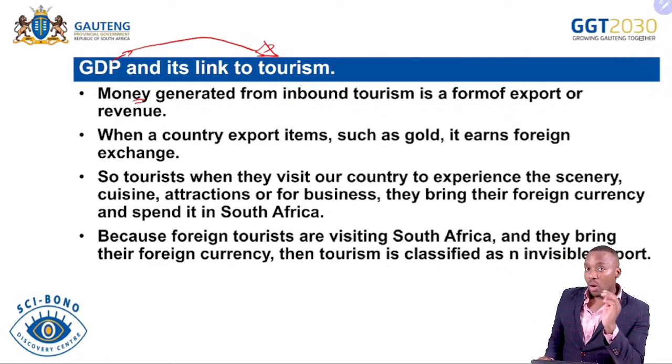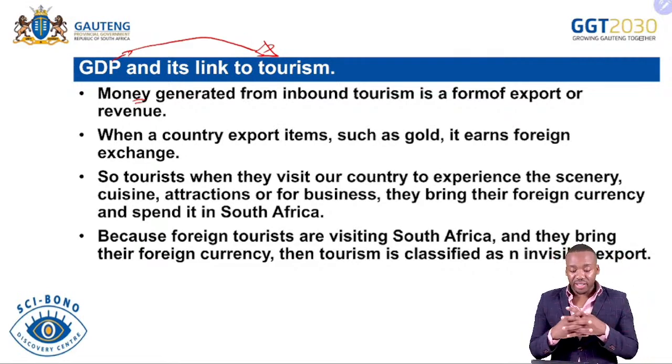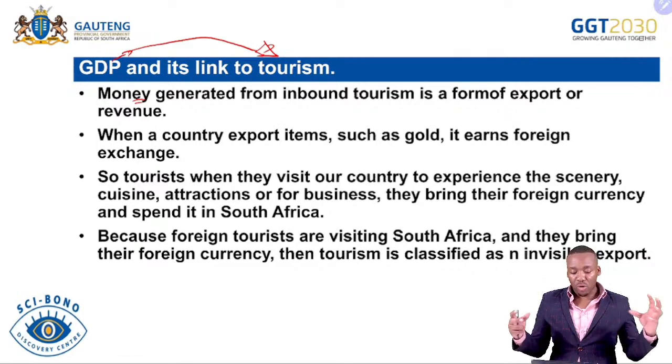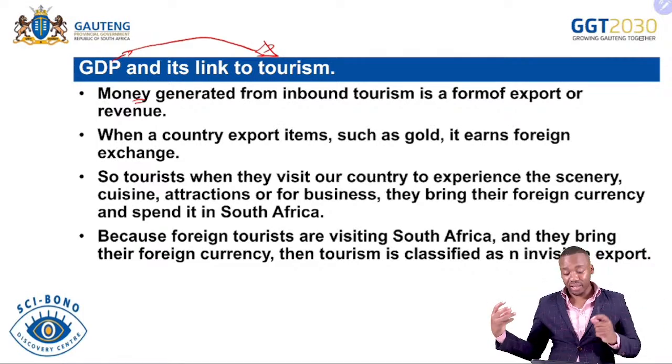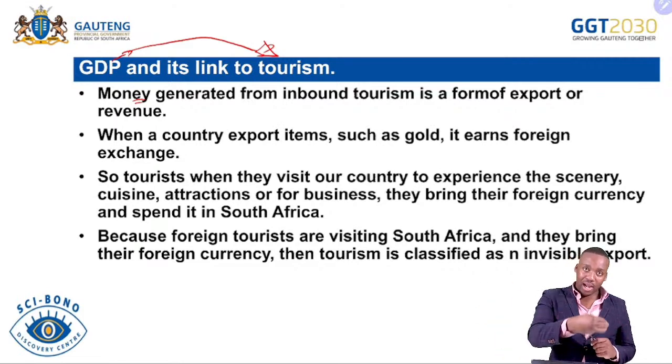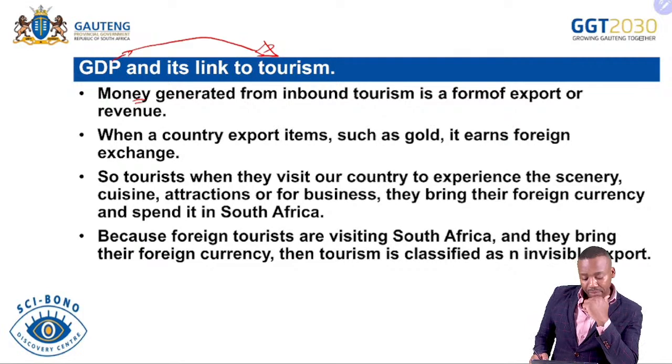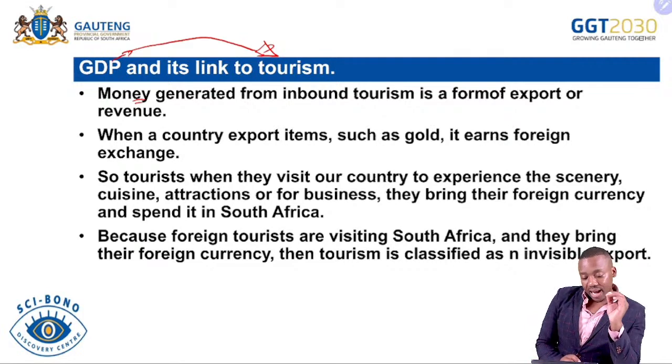It starts at our border posts, whereby the tourists are doing foreign exchange, converting their foreign currency to our local currency, right? What happens? The country will receive money from inbound tourists. So we are saying inbound tourism is a form of export revenue, right?